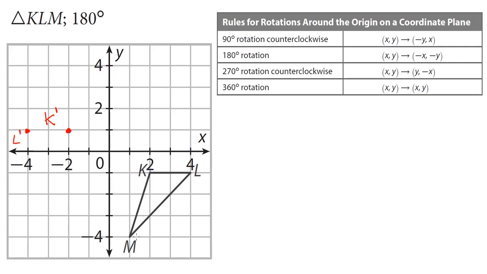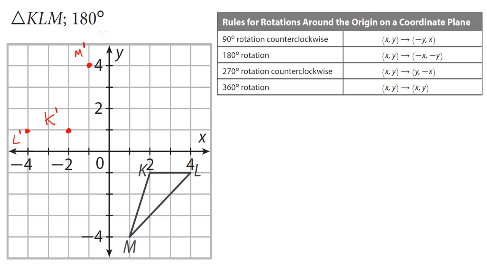Finally, let's rotate point M. So we see point M is 1 to the right of -4 on the y-axis. So our 90-degree rotation is going to take us here, and our next 90-degree rotation to complete the 180 is going to take us here. So this is the location of M prime.